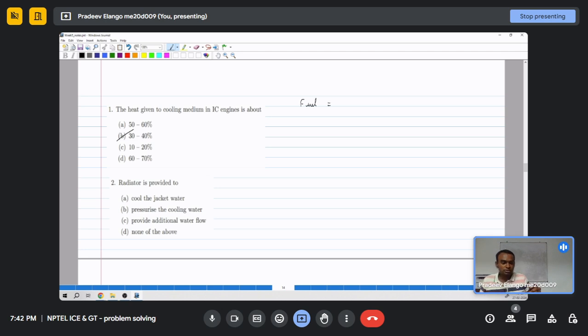To remember it quickly, we can say the fuel energy is converted to work plus coolant heat plus exhaust heat. And say here if I put 100 joules, that will go 33.3 joules here and 33.3 joules here and another 33.3 joules here.